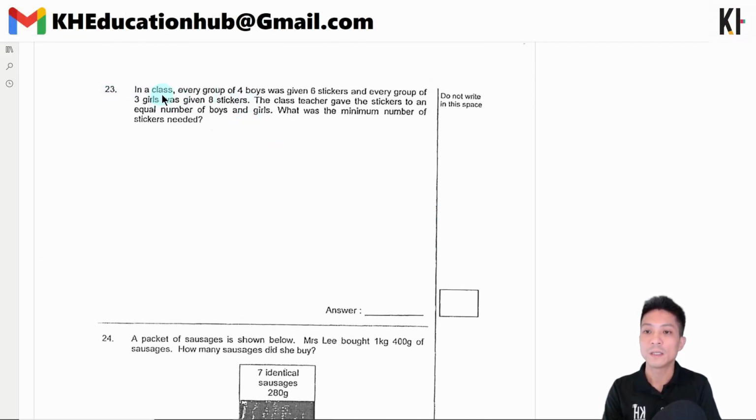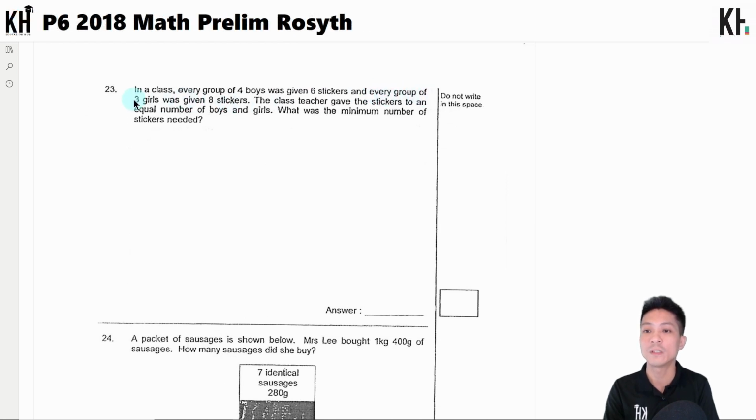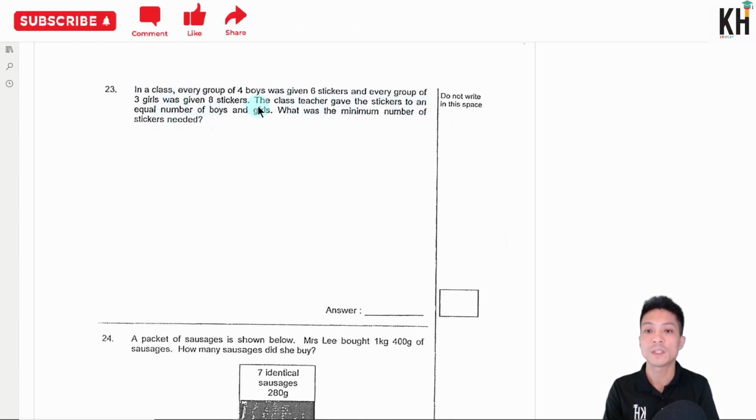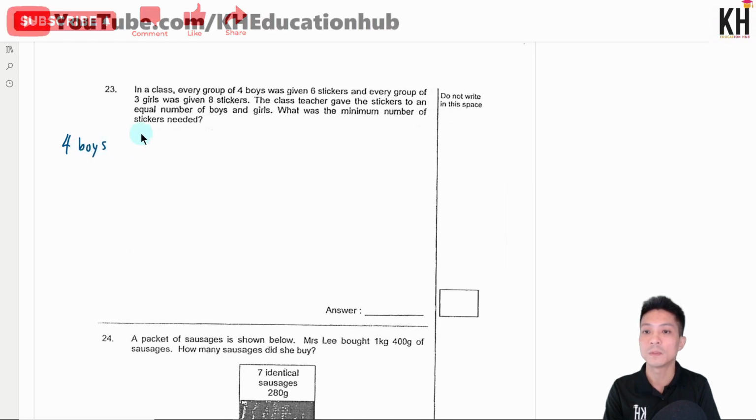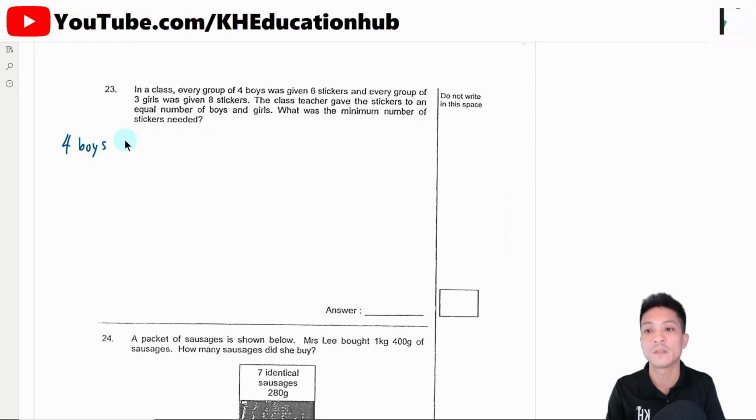Question 23. In a class, every group of 4 boys was given 6 stickers and every group of 3 girls was given 8 stickers. The class teacher gave the stickers to an equal number of boys and girls. What was the minimum number of stickers needed? Okay, so for boys, group of 4 boys was given 6 stickers.